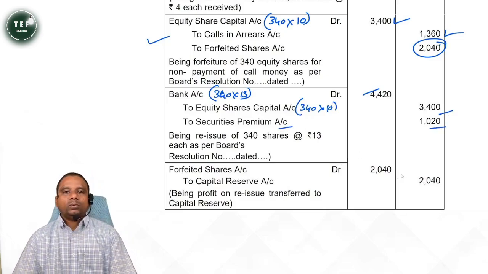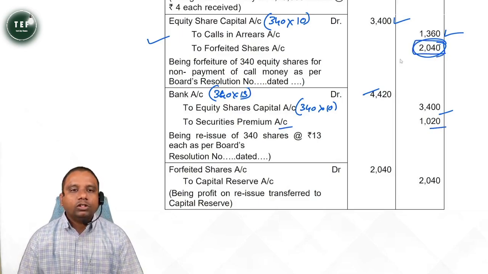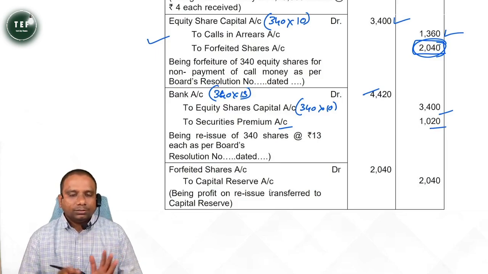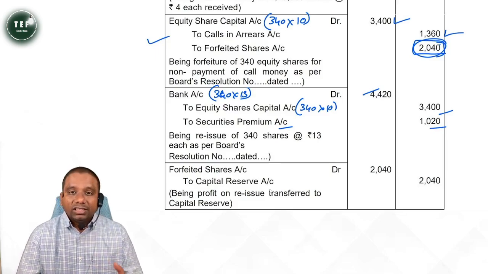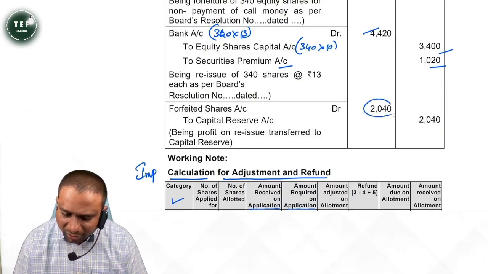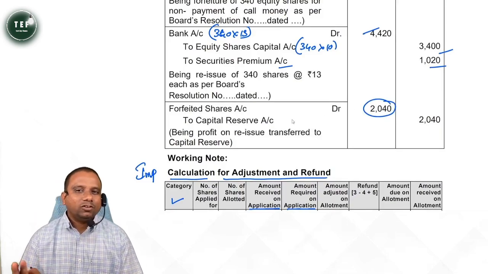Securities premium 1020. Now if you observe, forfeited shares account we have 2,040 rupees balance. On reissue, we don't have any loss. We have reissued shares at premium, so the total amount in forfeited shares account is transferred to capital reserve. Yes or no, students? Yes.